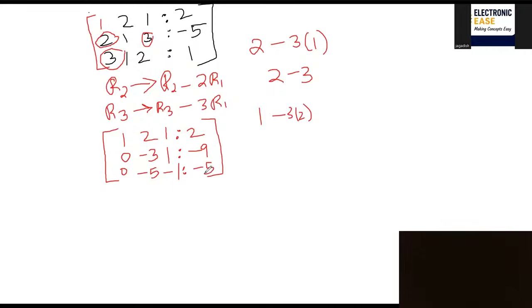Now what we need to do, children? So we need to convert this element as 0. So this element I have to convert it into 0. Next step is for that I will be applying R3 changing to 3R3.